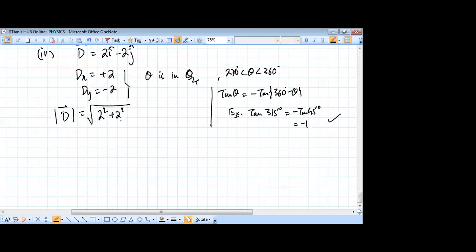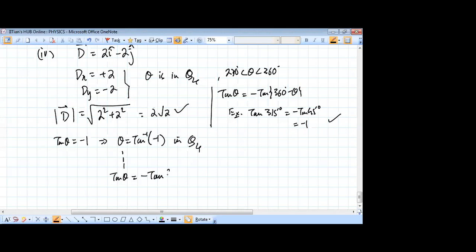The sign doesn't matter here whether I put minus 2 because it's a whole square. So that's 2 root 2. So that's fine. But tan theta will become minus 1. So theta is equal to tan inverse of minus 1 in quadrant 4. So in quadrant 4, this means that tan of theta is minus of tan of 360 minus theta, which is minus 1.